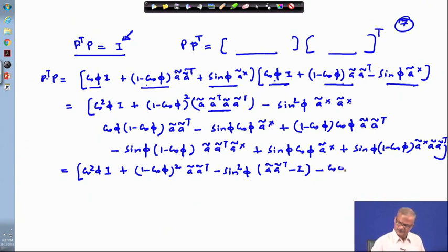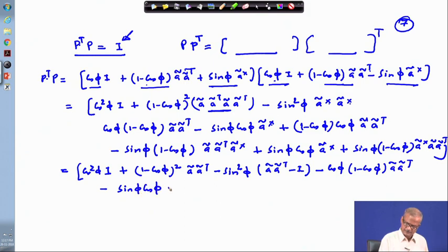So, cos phi times 1 minus cos phi transpose A tilde cross.